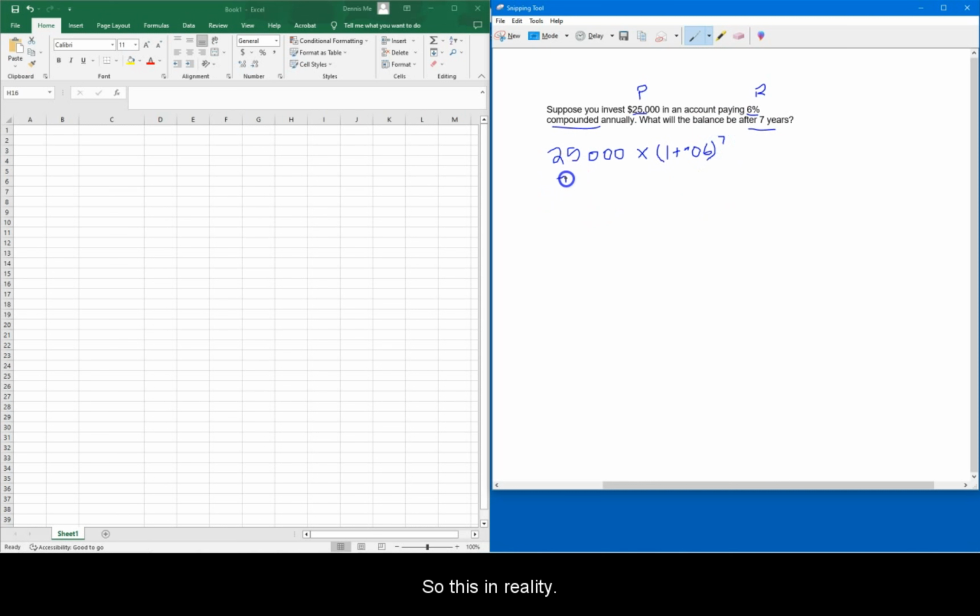So this in reality becomes 25,000, and I'm sure you can remember this process, times 1.06 raised to the 7th, and that would equal, let me do this calculation and see what I would get.